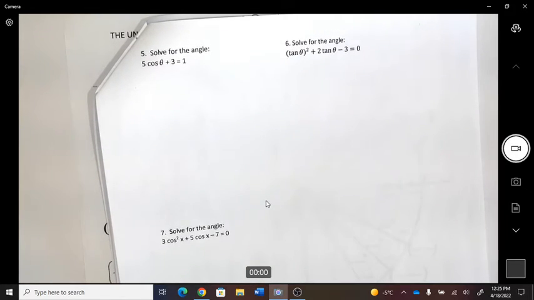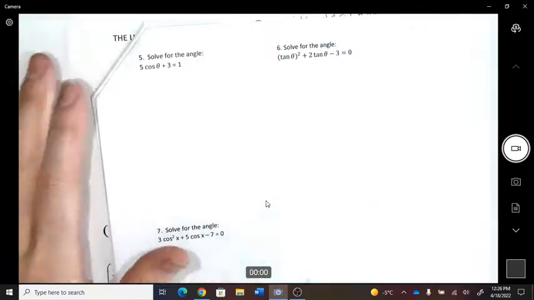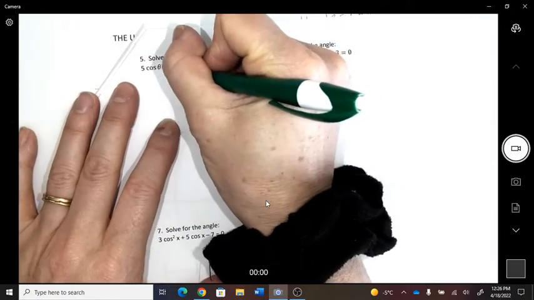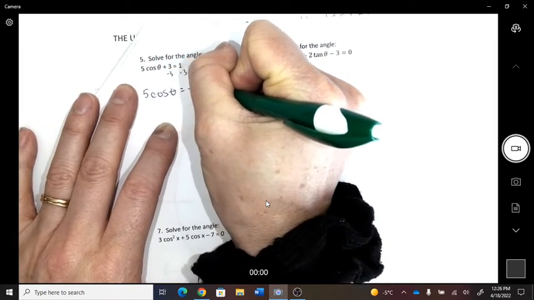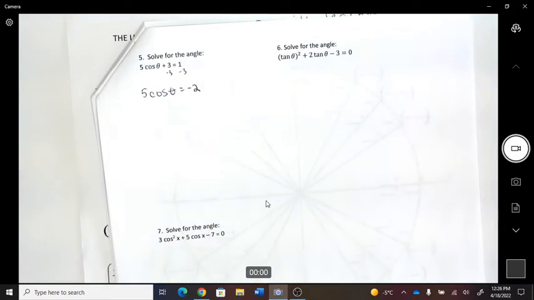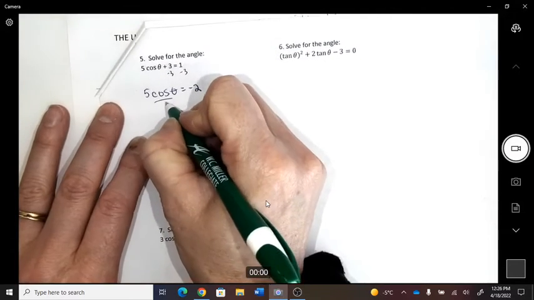Okay, number 5. I have to do a little bit of algebra before I start trig stuff. So what's the algebra first? I'm going to minus 3 and I'm going to divide by 5.